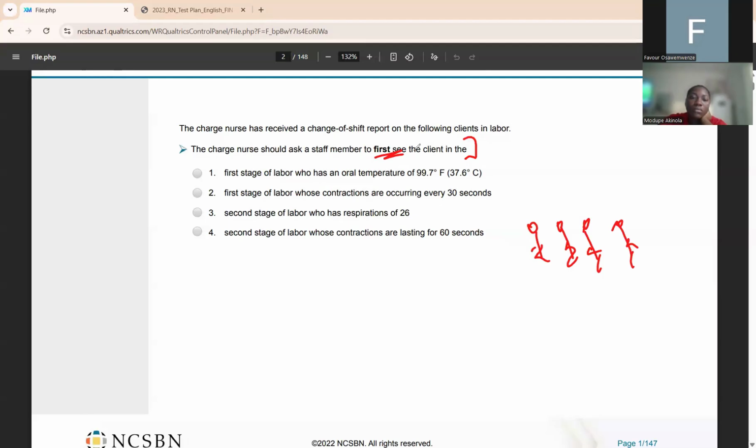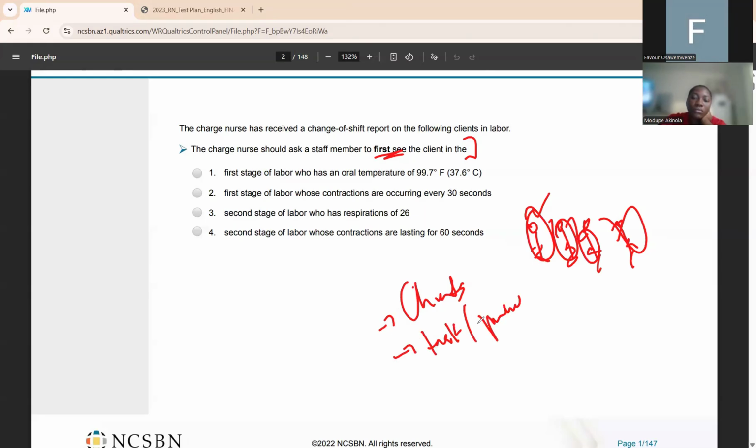So now we know this question is related to prioritization. We need to see somebody first. And anytime you are dealing with clients, because we have three types of prioritization: we have prioritization that deals with clients, we have prioritization that deals with tasks or procedures, and we have prioritization, what's the third one again? Client, task, procedure.